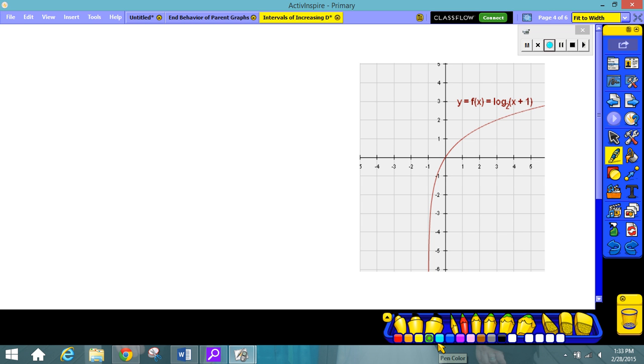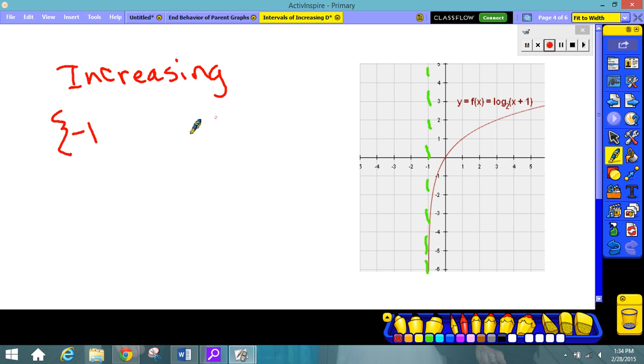And so we're looking here on the x, and where did it start increasing on the x? Well, if you remember from my last discussion, we have a vertical asymptote. And our graph will never cross that vertical asymptote. It comes very close to equaling -1, but never quite equaling -1. So we can say our graph is increasing, starting at the x value of -1, but never equaling that.